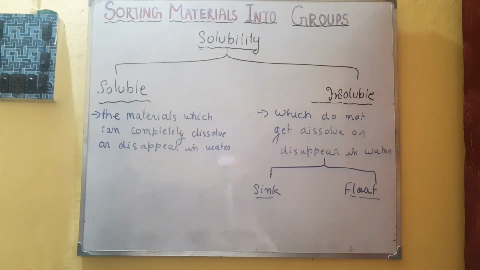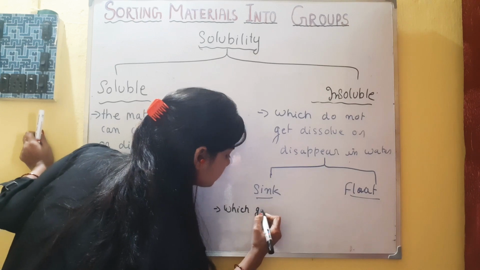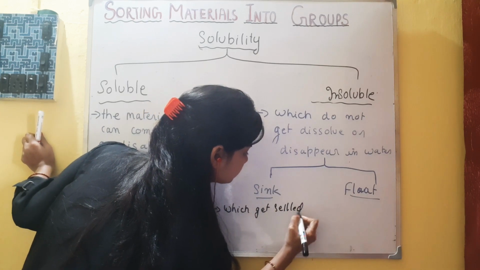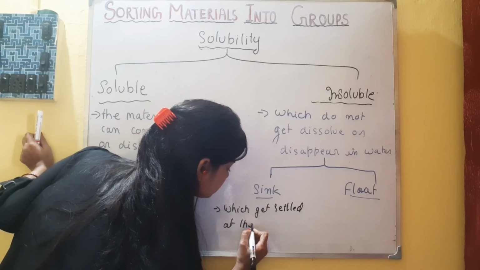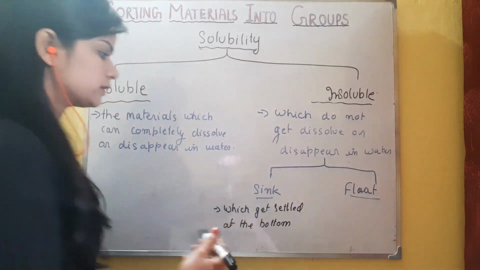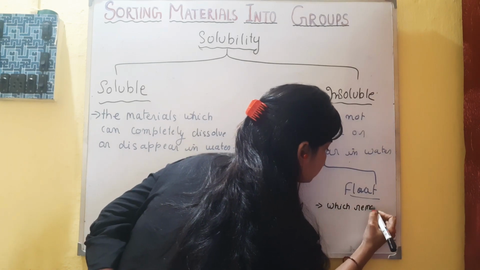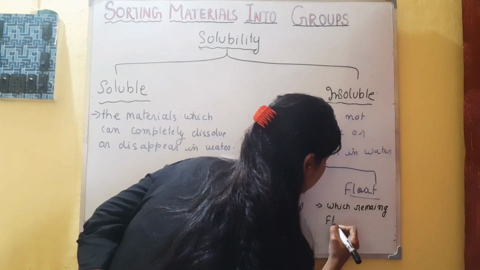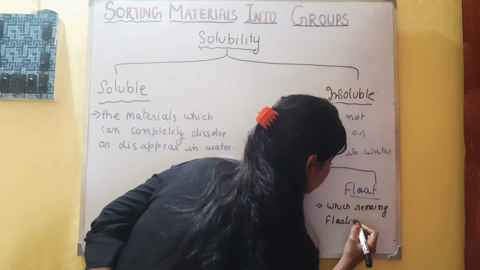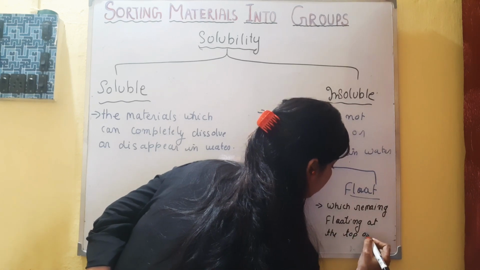Sink is the property of materials which settle down at the bottom of the glass, which get settled at the bottom, okay, and the float remains floating at the top of water.